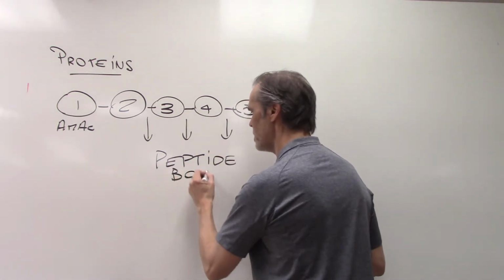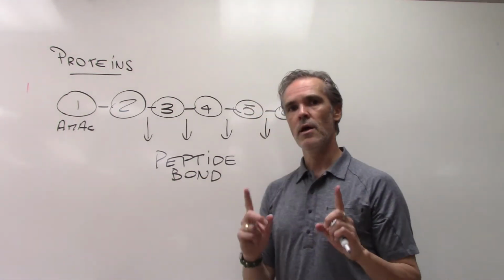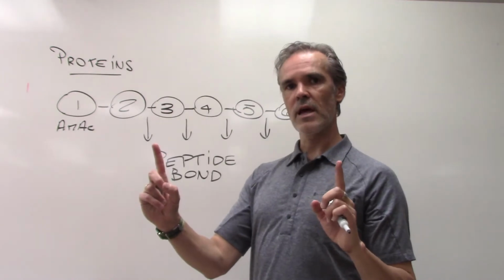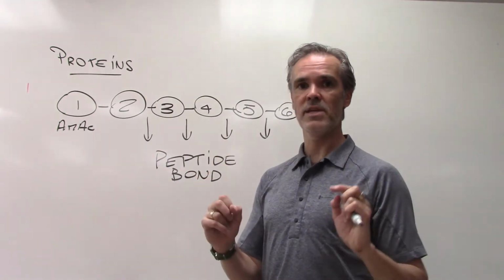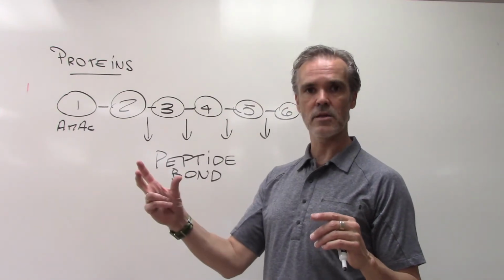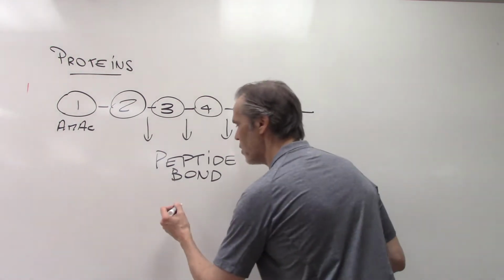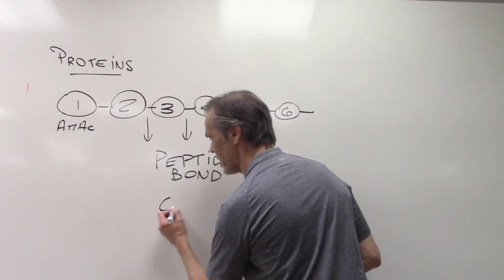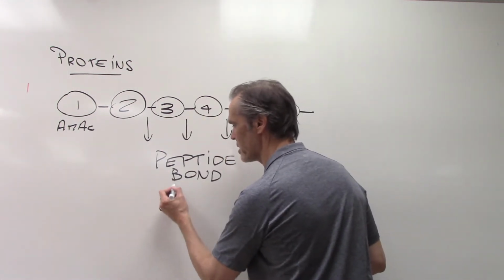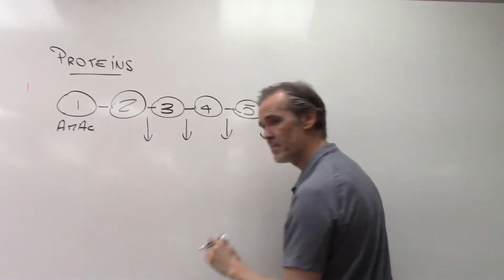Peptide bond, and we know that this peptide bond is created between the C side of an amino acid and the N side of the next amino acid. So basically, the carboxyl group, or carboxylic acid group, to the amine group or amino group, right? Let me draw the peptide bond again.